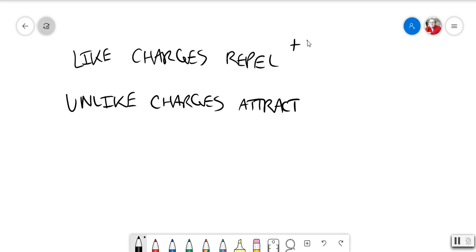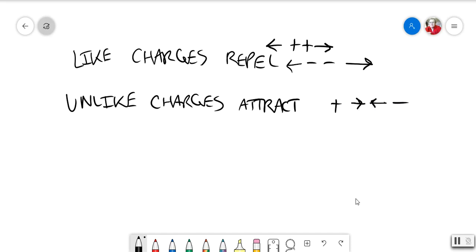So plus and plus go flying away from each other. Same way with minus and minus. A plus and a minus, though, will be attracted to each other.